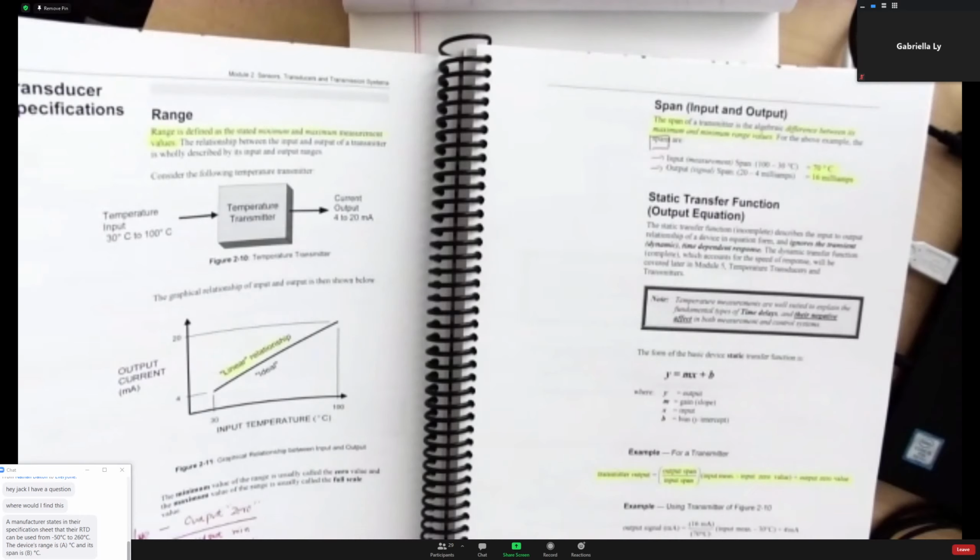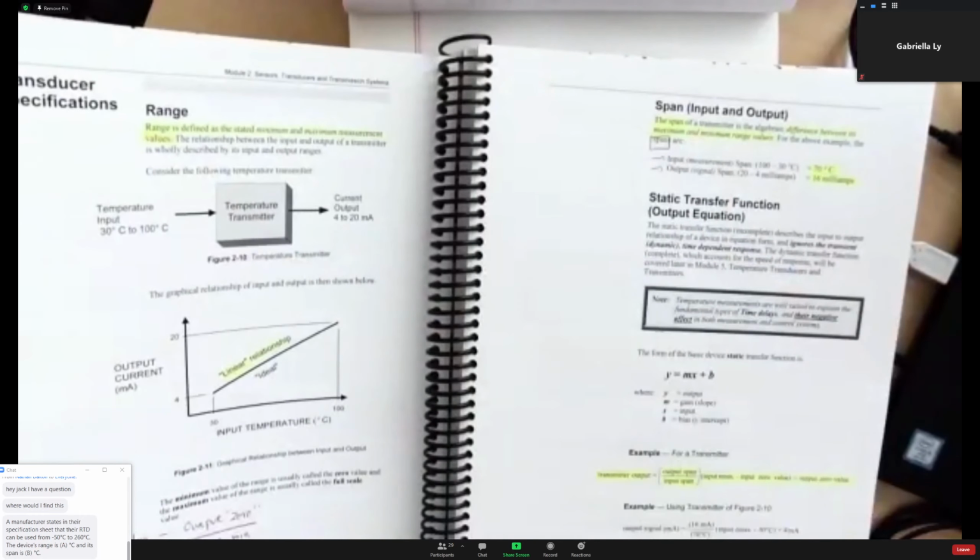That's on page 2-14. One is called the range, one is called the span.